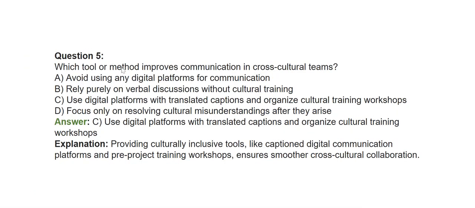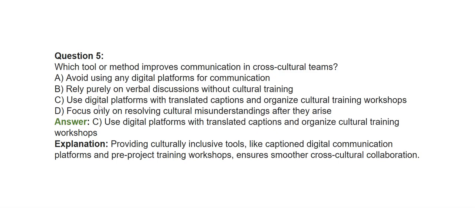Question five. Which tool or method improves communication in cross-cultural teams? A, avoid using any digital platforms for communication. B, rely purely on verbal discussions without cultural training. C, use digital platforms with translated captions and organize cultural training workshops. Or D, focus only on resolving cultural misunderstandings after they arise.